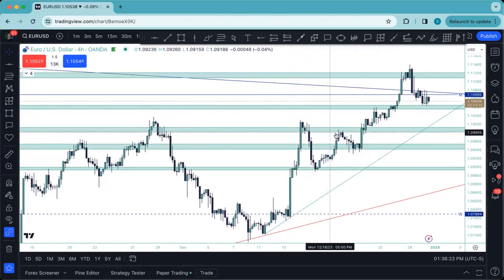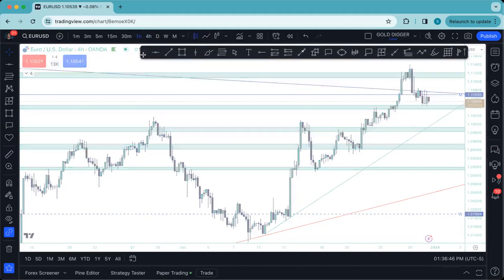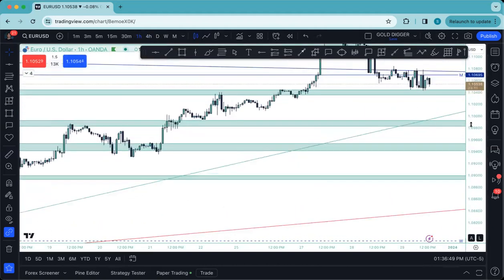And then let's identify the 1-hour trend line. Depending if I'm doing longer intraday trades, I'll do the 1-hour, but typically I will do the 15, 30 minute and the 15 minute. So let's just see.